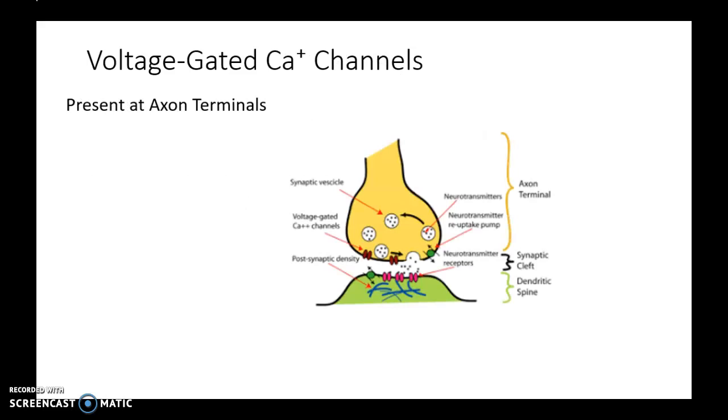Then we have voltage gated calcium channels at the axon terminal, and hopefully you remember this from the muscle lecture, right? As the action potential reaches the axon terminal, these voltage gated calcium channels open up. Then calcium enters the cell.